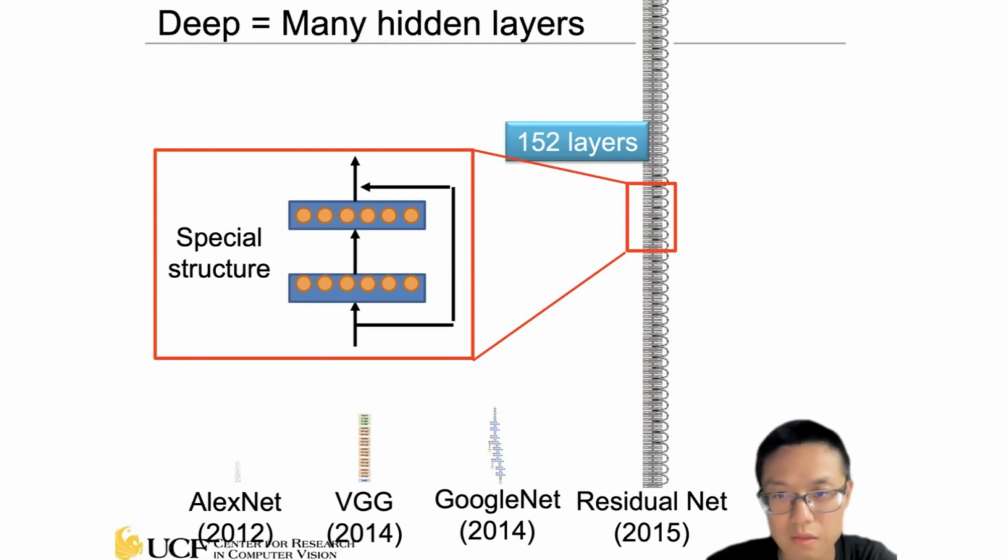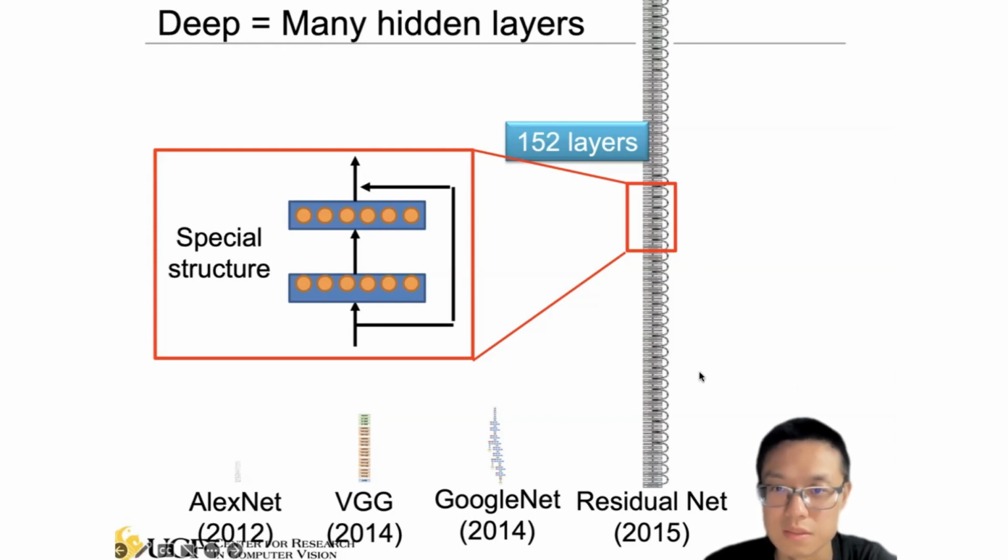Okay. Obviously, I'm just giving you some classic example networks. ResNet is 2015, and now we are in 2023. There are also other follow-up works after residual networks, like the DenseNet. But there's no very drastic change after ResNet.